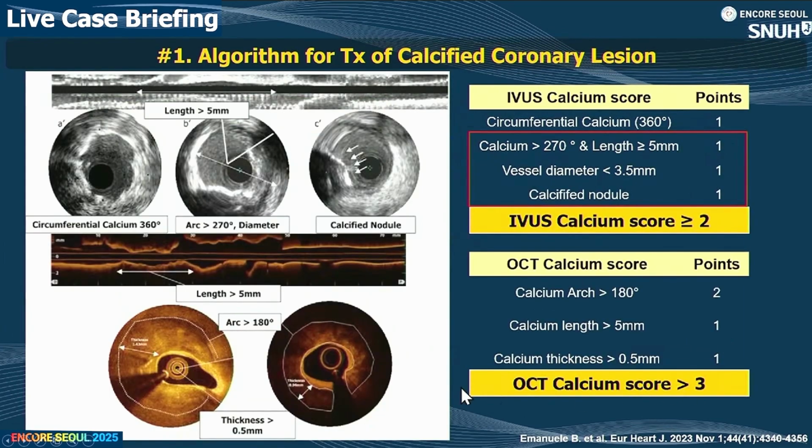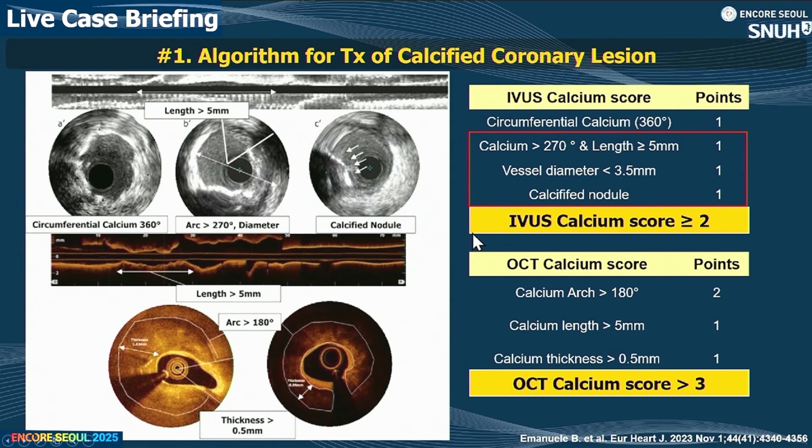Here is an actual example of scoring based on IVUS and OCT. On the upper panel, in the IVUS examination, we can see circumferential calcium of 306 degrees, or arc more than 270, diameter less than 3.5, length more than 5, and presence of calcified nodule. That constitutes all 4 points.